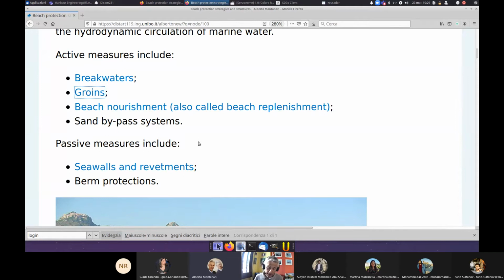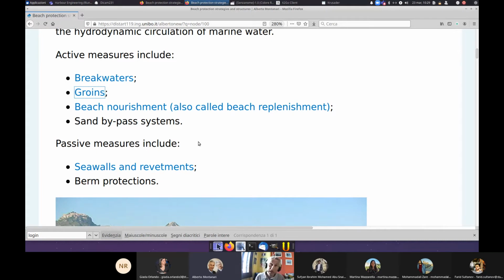These groins are blocking the sand movement along the coast and therefore are originating a significant erosion downdrift. And this is a problem because you have accumulation of sand updrift in the vicinity of the harbor, and then downdrift of the harbor, you have erosion.